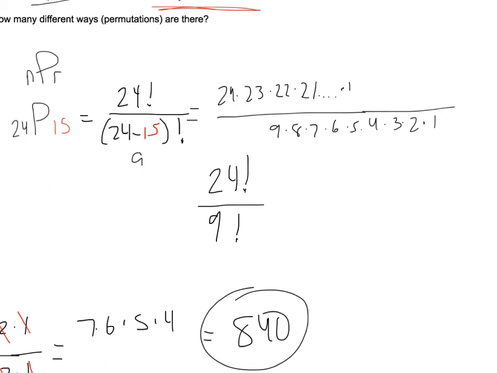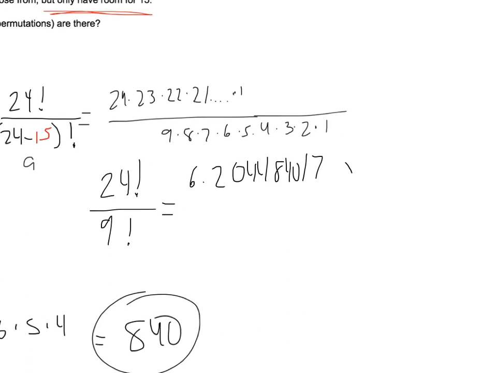And then you're going to scroll down until you see the little exclamation point. And if you do 24 factorial, what I get in my calculator is 6.204484017 times 10 to the 23rd. So that is a very, very large number. Not incredibly easy to work with.